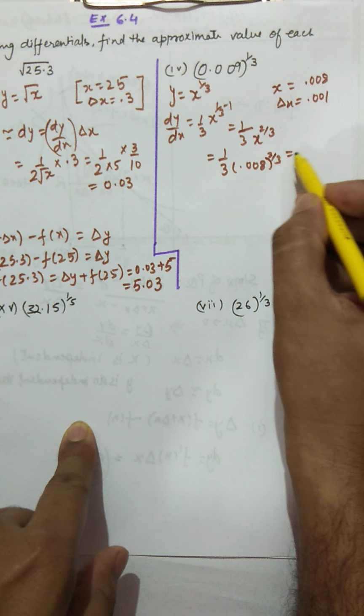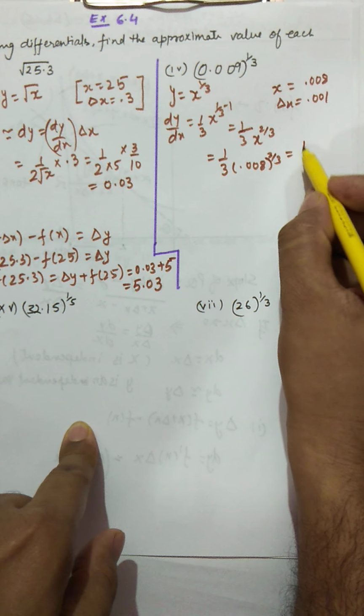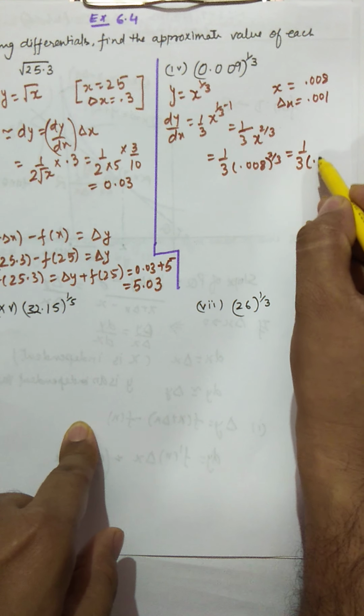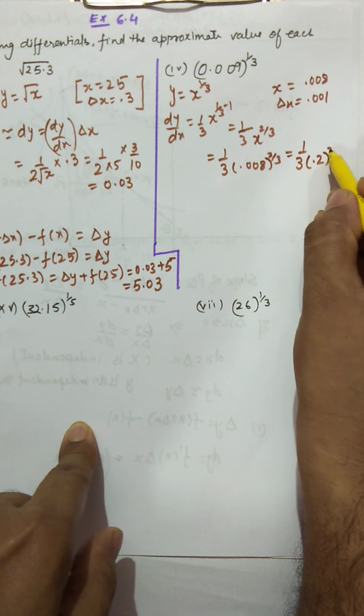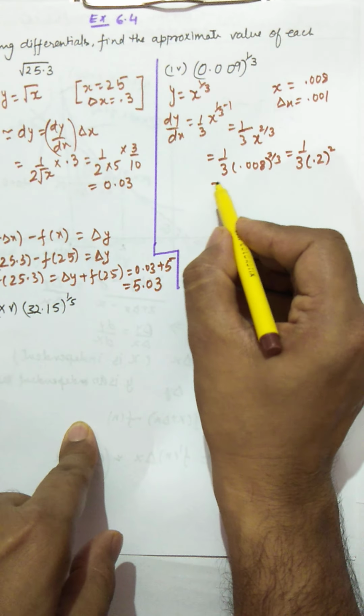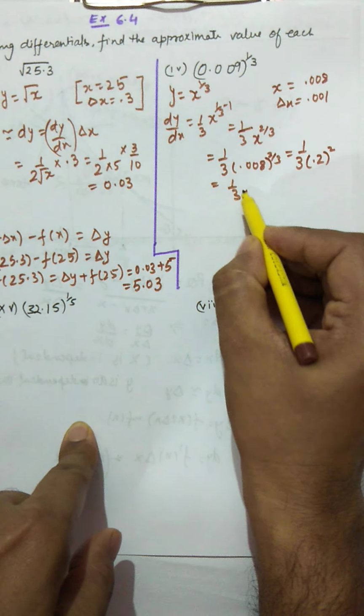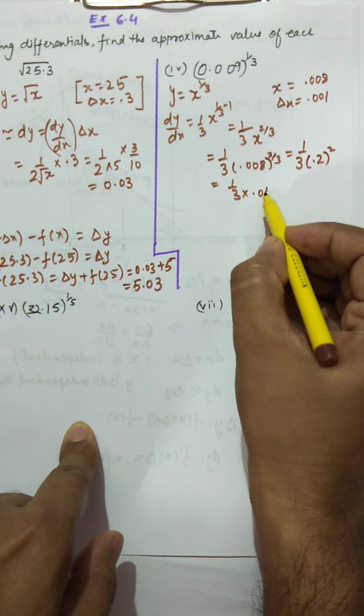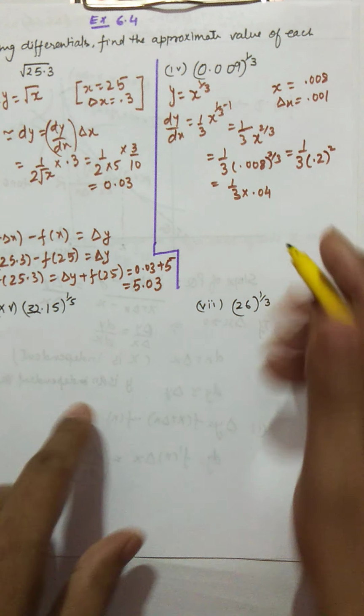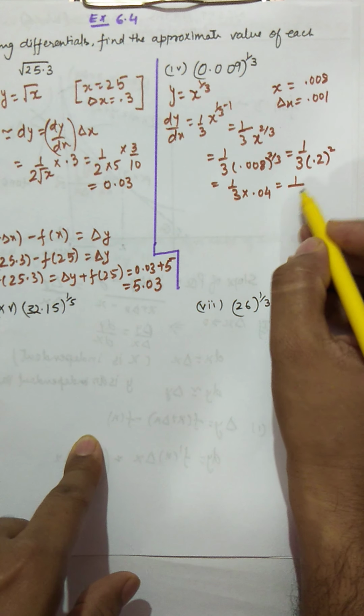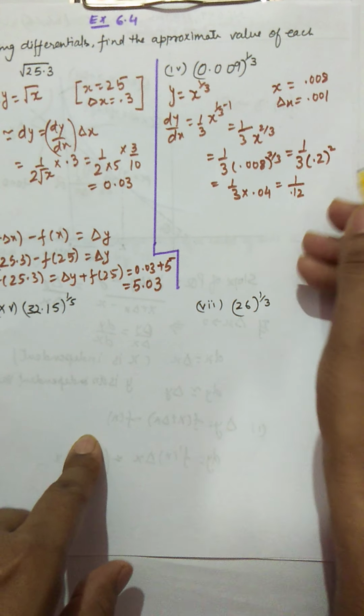So for 2 by 3, first you do 1 by 3, so it's going to be 1 by 3 into 0.2, and this is squared. So now it's going to be 1 by 3 into 0.04, or you can say this is 1 upon 0.12.